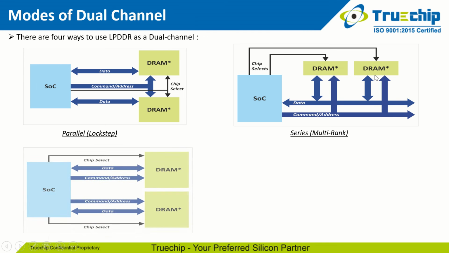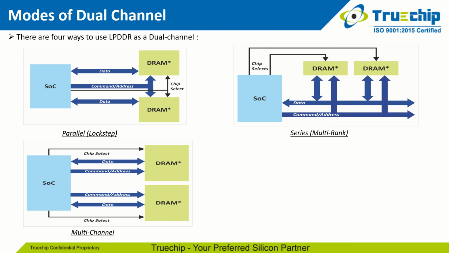Looking further at the third diagram, we have the multi-channel architecture. This was really popular after LPDDR4 devices, where we had 2 independent command and address signals, 2 chip select signals and 2 independent DQ signals for transactions for each channel of LPDDR DRAM devices.